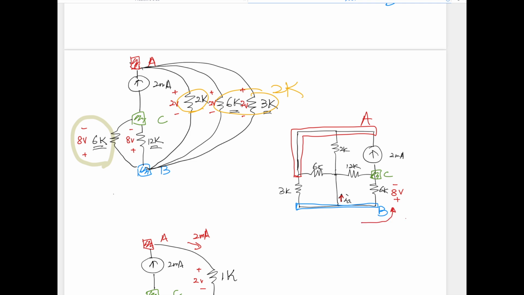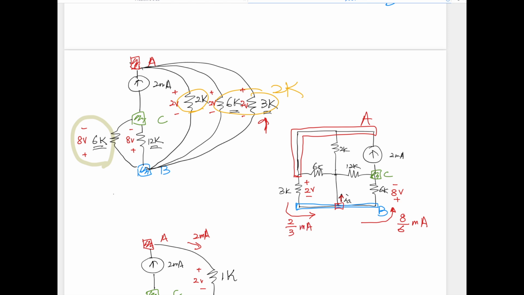And that is 8 over 6 milliamp. 3K, where is 3K? We have a 3K right there. Positive terminal towards A, therefore plus 2 volts minus. The actual current is going in that direction, and it is 2 over 3 milliamp.